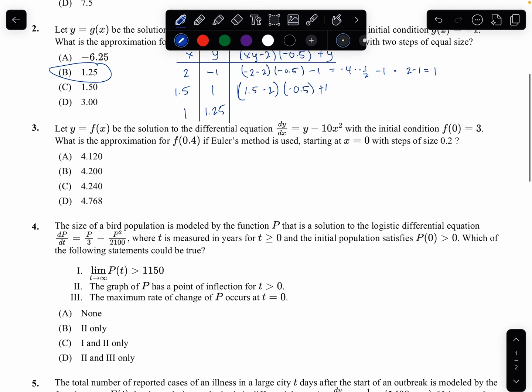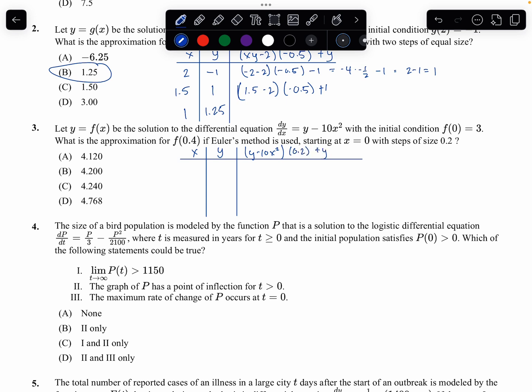Okay. For 3, Euler's method again. x and y, we have y minus 10x squared. They give us delta x, so 0.2 plus y, starting out with 0 and 3 steps, and we're trying to get our way to 0.4, so 0.2.